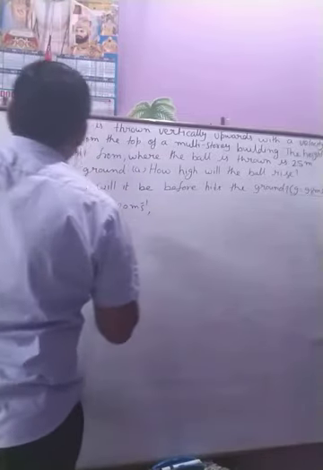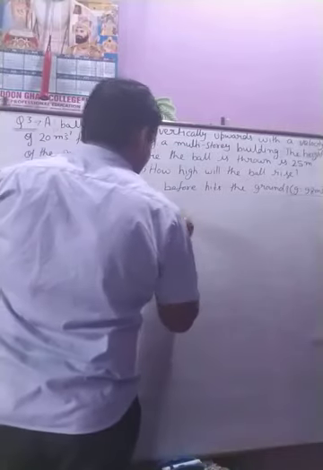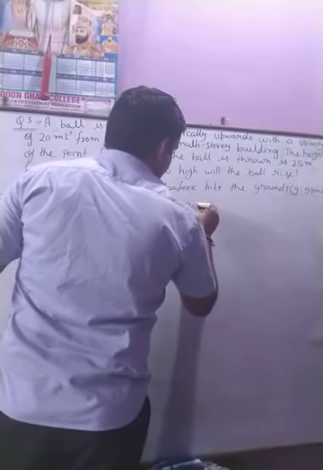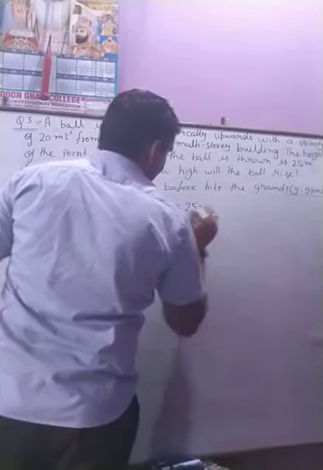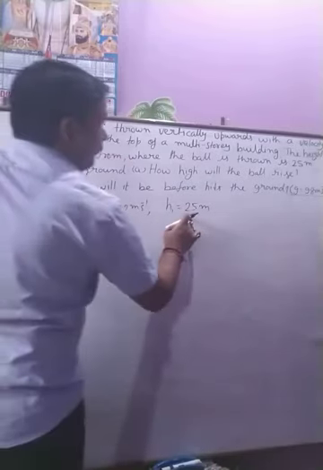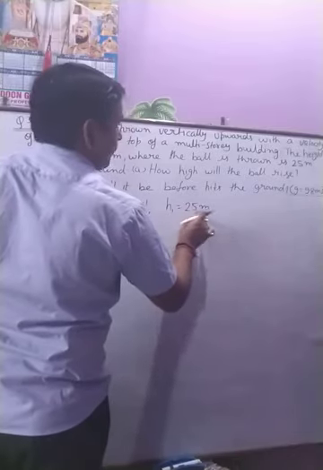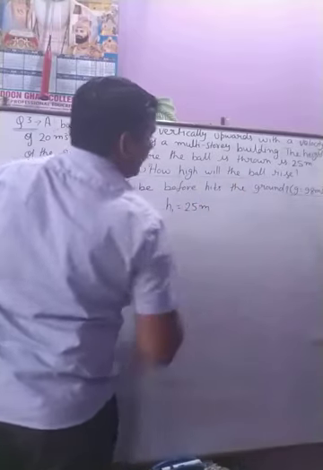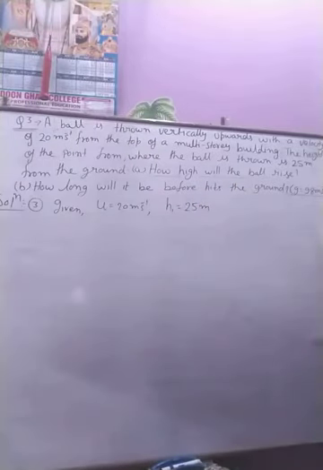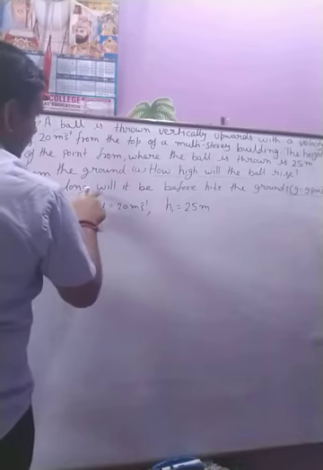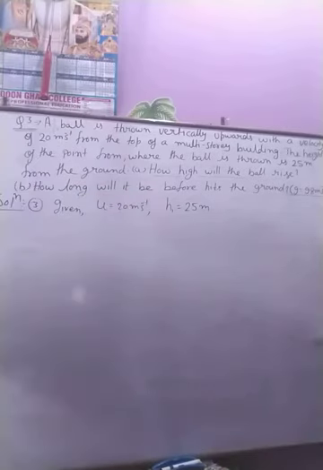Next, height h1 is 25 meter because it is thrown vertically upward from a height of 25 meter from the ground. हमें इसमें कैलकुलेट करना है कितनी ऊपर ये जाएगी, and second we need to calculate the time taken by it.